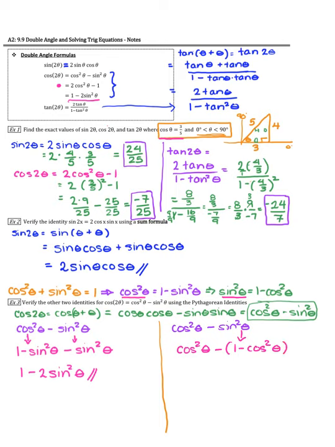So we can distribute that negative. That gives me cosine squared theta minus 1 plus cosine squared theta. Putting it all together, I've got 2 cosine squared theta minus 1. So my two little lines always just kind of represent that. So that was the identity there.